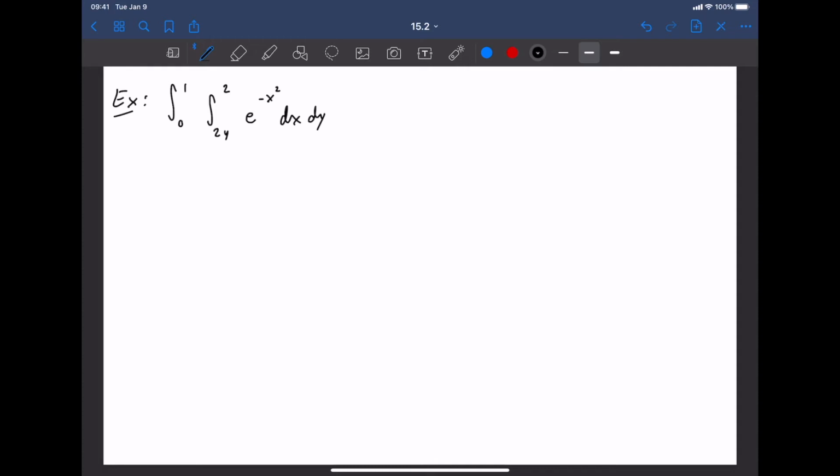So notice, this is an integral that commits you to doing x first when it's already written in iterated form. This integral is committing you to doing x first and then y. Now, you might be like, oh, well, that's easy. They just told us how to do the problem. The hard part was writing it as iterated, and they tell me how to iterate it.